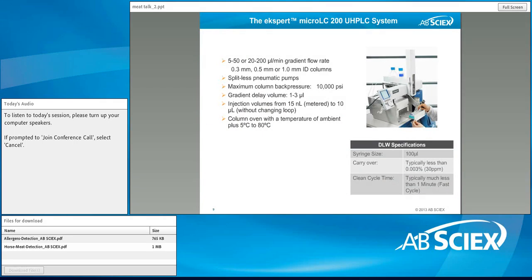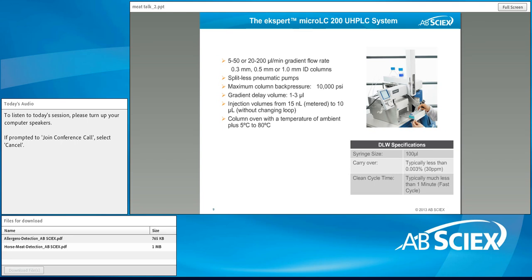For a micro-LC system, what you actually need is something which, like a standard LC, is capable of giving reproducible gradients. You need something which is capable of using these narrow bore columns, because these are essential for micro-LC to have fast chromatography, and something with very little delay volume. And what the Exigent Expert MicroLC 200 system gives you is all this.